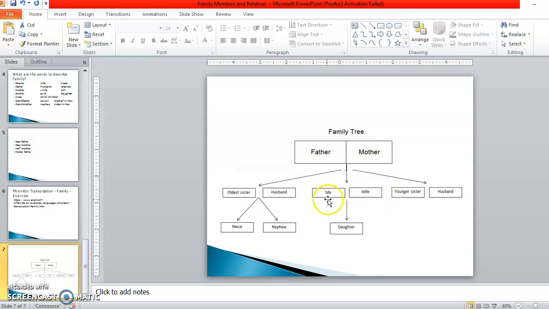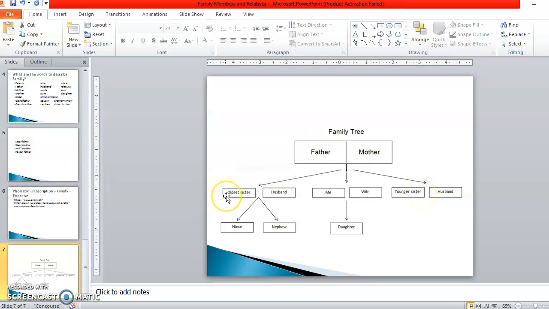This is me, so I'm married, so I've got a wife, and we have 1 daughter. My daughter now is 4 years old. We got married in 2015, and in the following year, 2016, my wife was pregnant and now my daughter is 4 years old. My younger sister is also married.